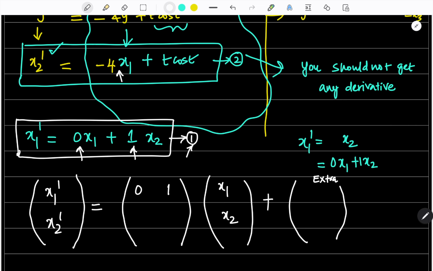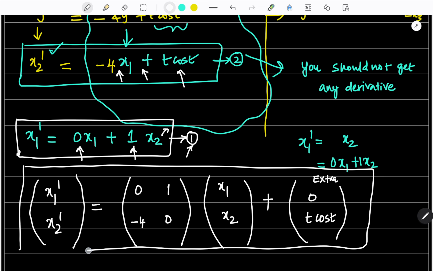Look at the second equation: minus 4 here, and there is no x2, so you write 0. In the first equation there is no extra fitting, and in the second equation it will be t cosine t. Clear? It's very clear. No problem.